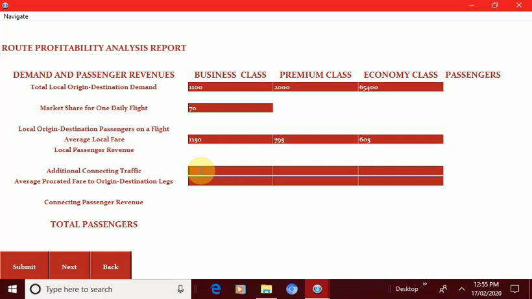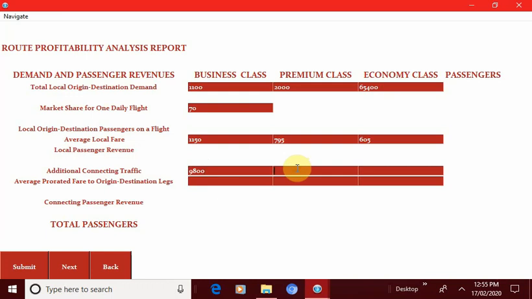And additional traffic for this particular route, that is behind and beyond destinations of the route Boston and Rome, would be, say, 9,800 for the business class additional traffic.